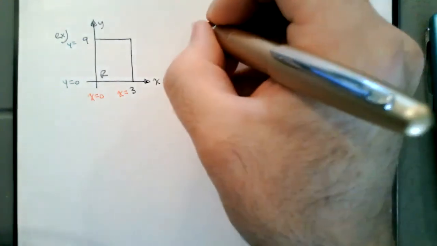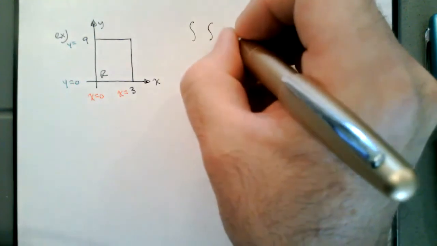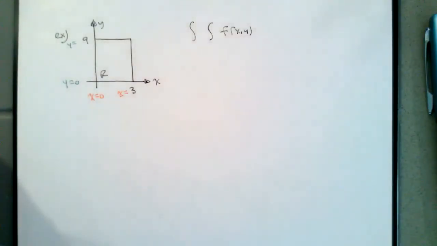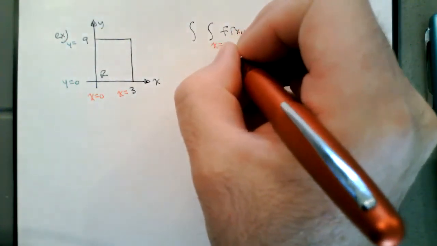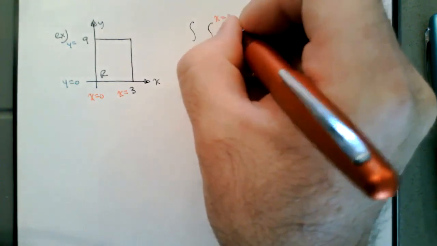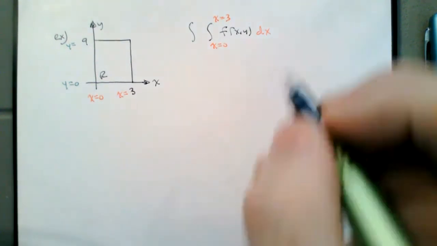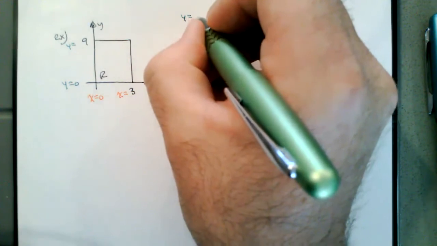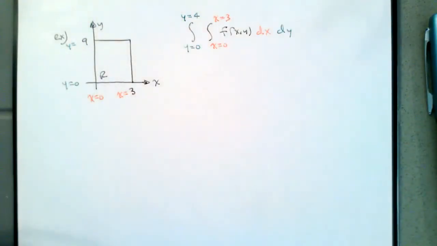So I can describe this with 2 iterated integrals. I can integrate the x first. So x goes from 0 to 3, and so my first integral is a dx. And then I can integrate y from 0 to 9. So here we have the region as a dx dy integral.